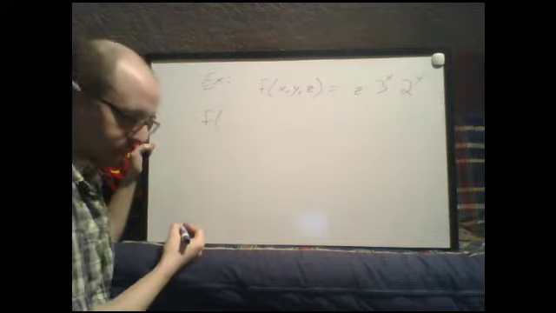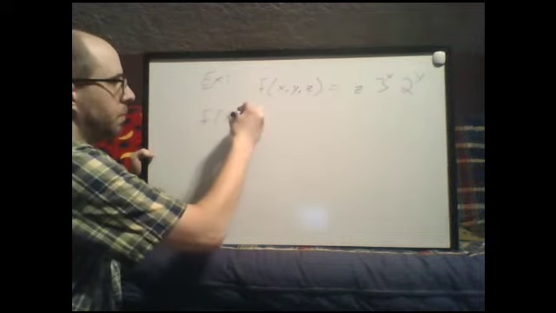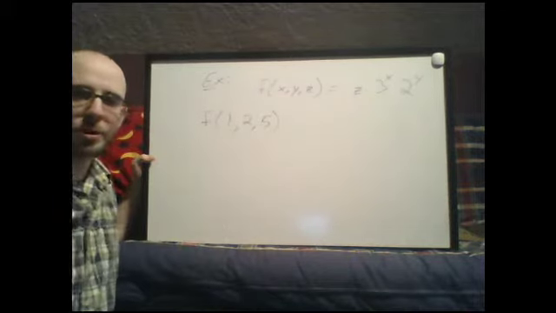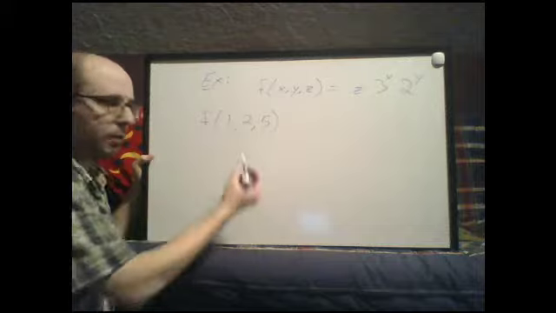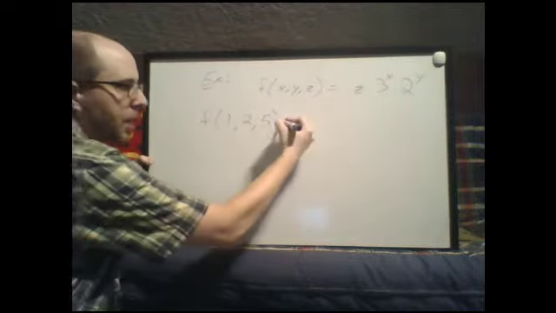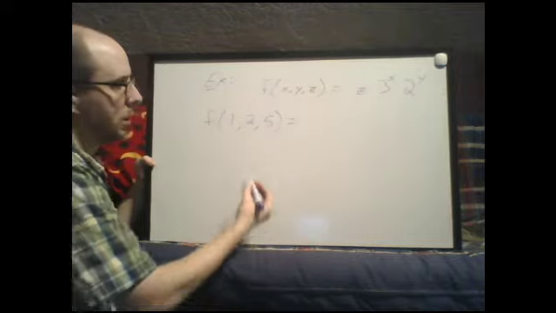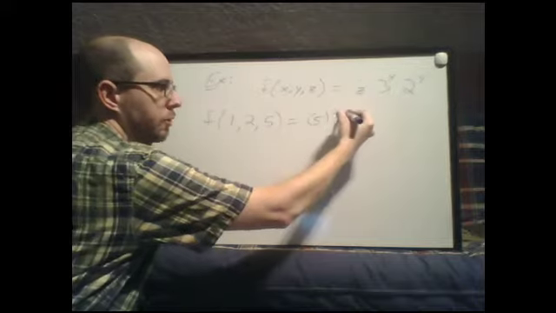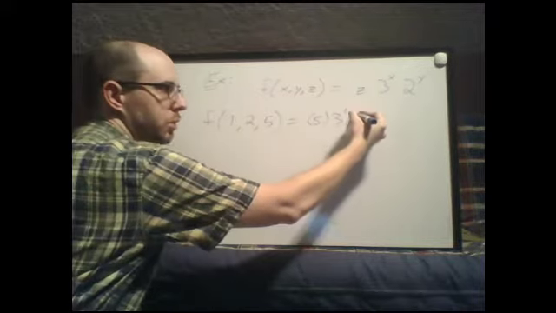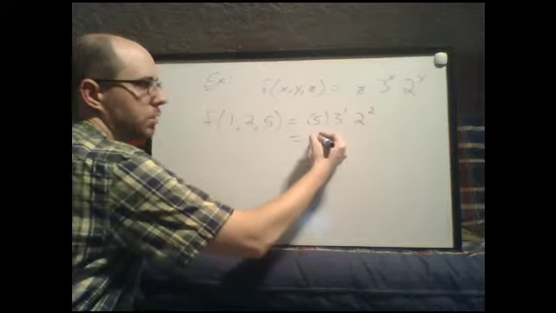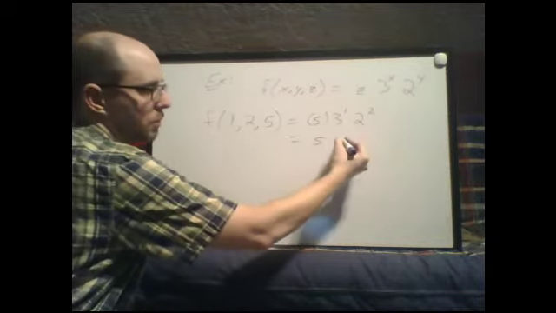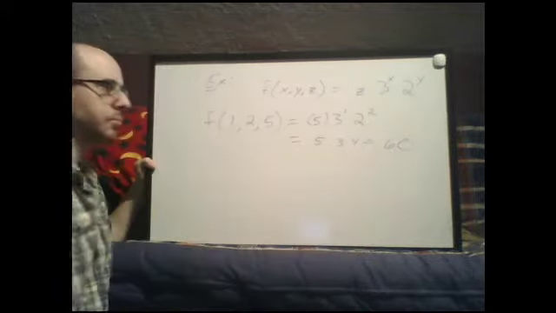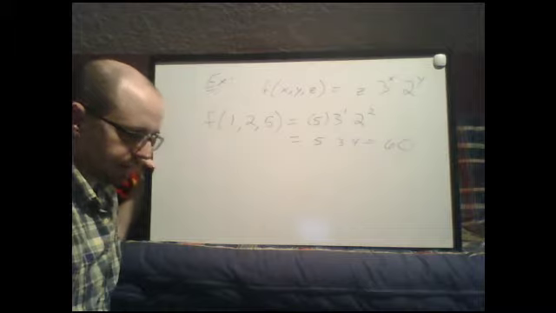Then if I want to evaluate some input output pairs, I pick a value for each of my 3 inputs. That gives me enough information to calculate the output. So z is equal to 5, x is equal to 1, so I have 3 to the 1 power, y is equal to 2, so I have 2 to the 2 power. So 5 times 3 times 4, that's 12 times 5 is 60, and so on.